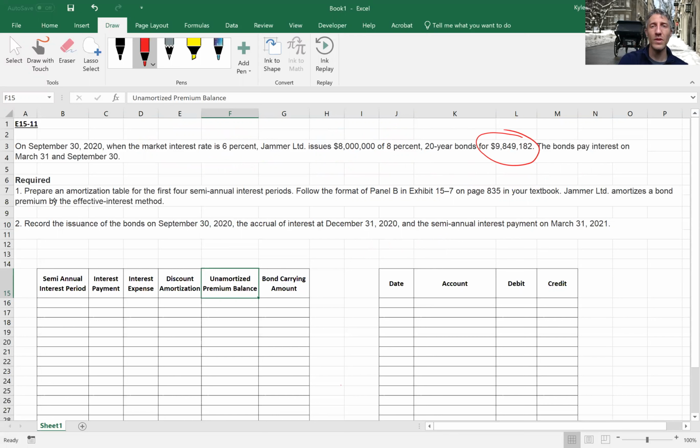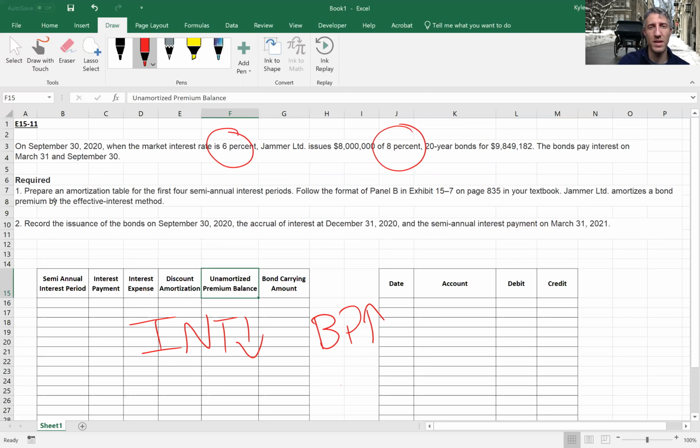So why is the cash received on issuance greater than the face value? Well, remember, there's an inverse relationship between bond prices and market interest rates. When interest rates in the market go down, bond prices go up. Is that what's happening in this problem? Well, let's just read the question to see. The market interest rate is 6%, which is less than 8%.